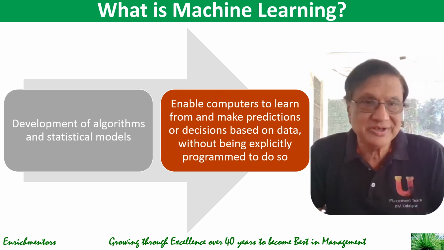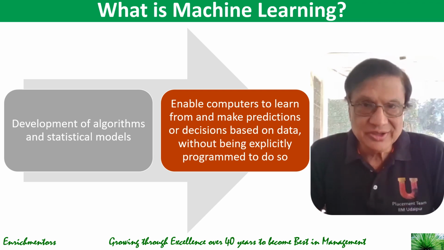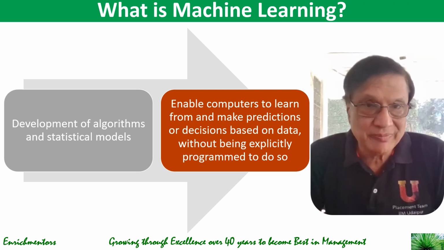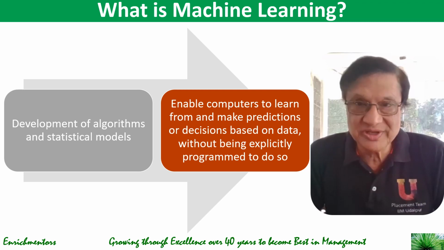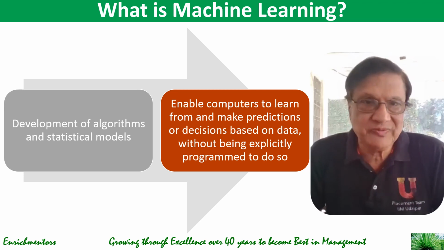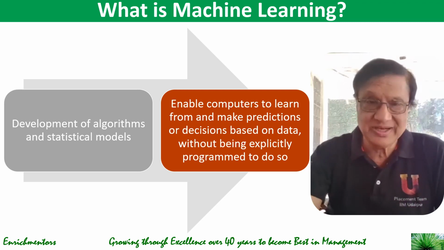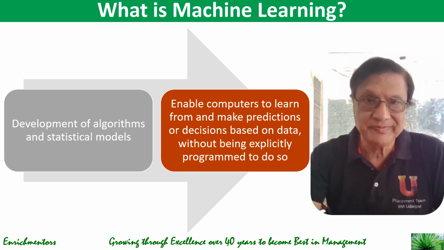A software program is programmed to do things in a particular way. But in machine learning, the machine learns from the data. In a sense, machine learning algorithms enable computers to learn from experience and improve their performance on a specific task over a period of time.